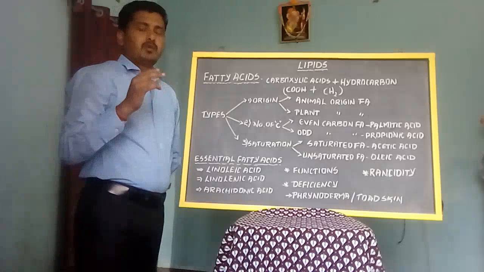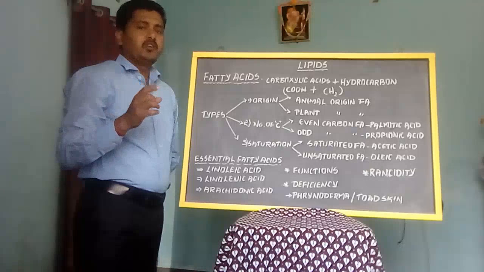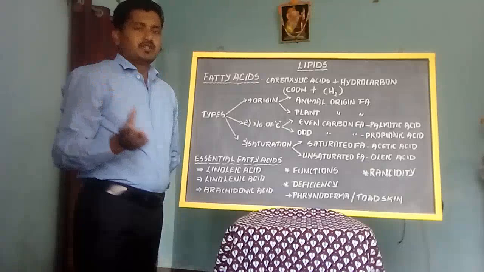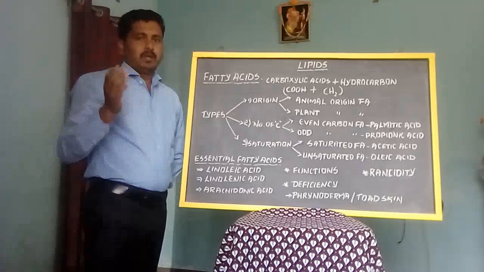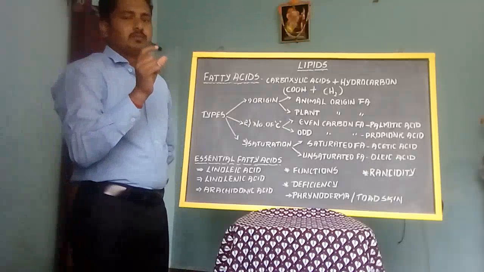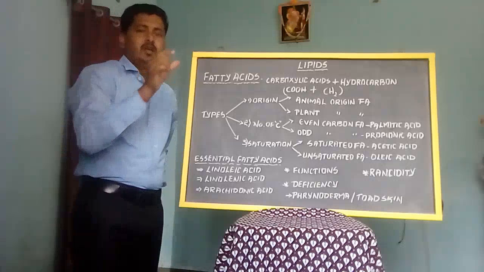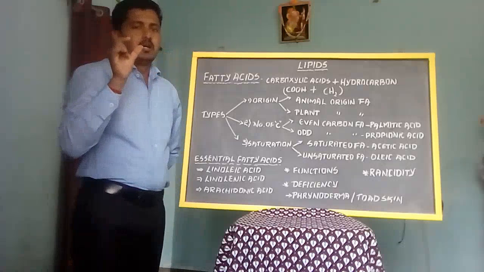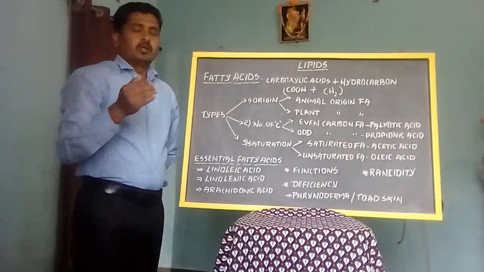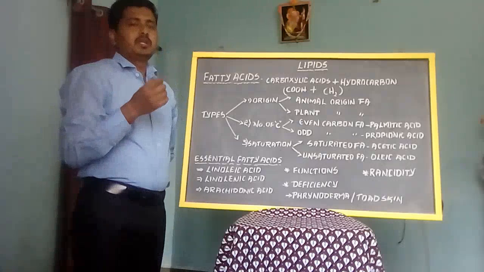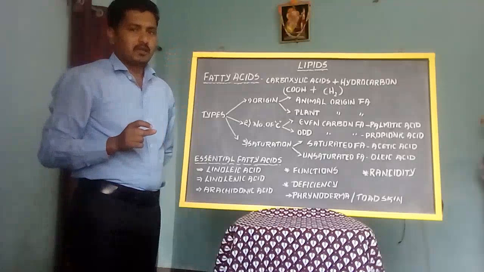And if there is more than one double bond, we call it a polyunsaturated fatty acid, in short form PUFA. Whatever edible oil we consume is rich in PUFA only.